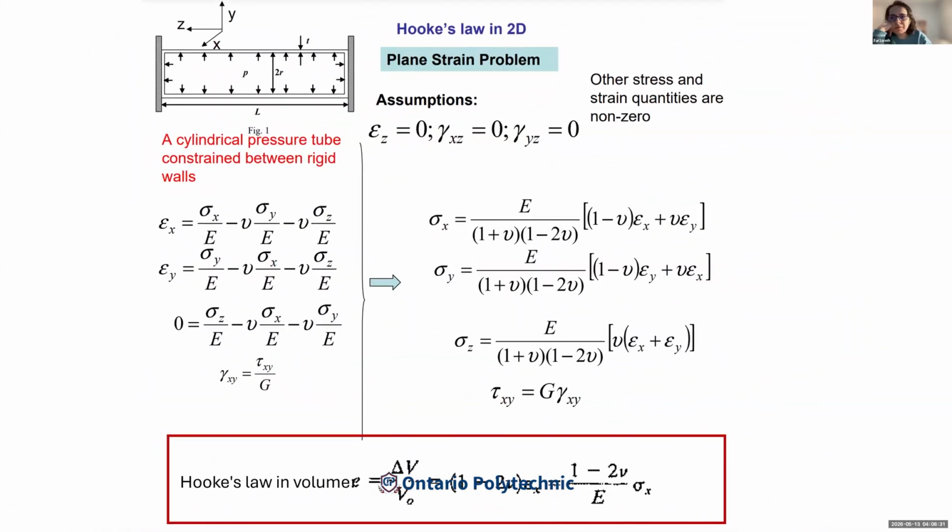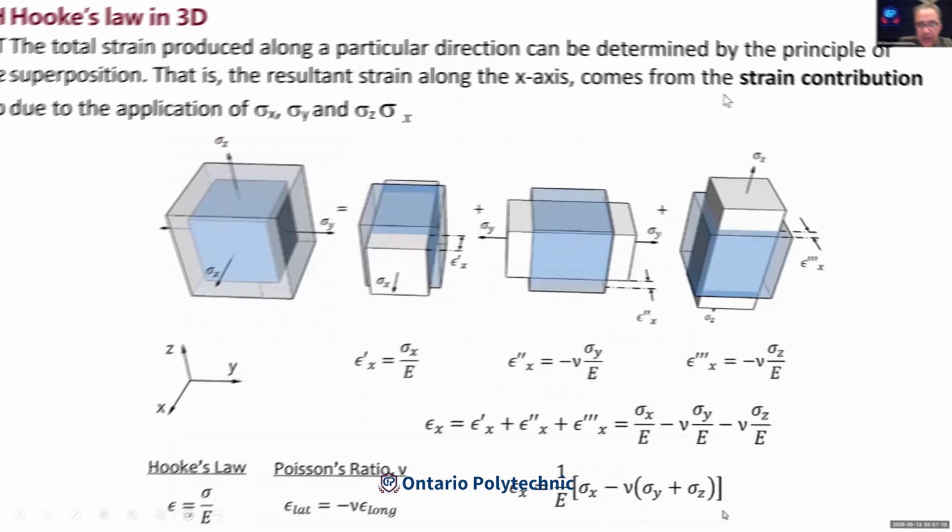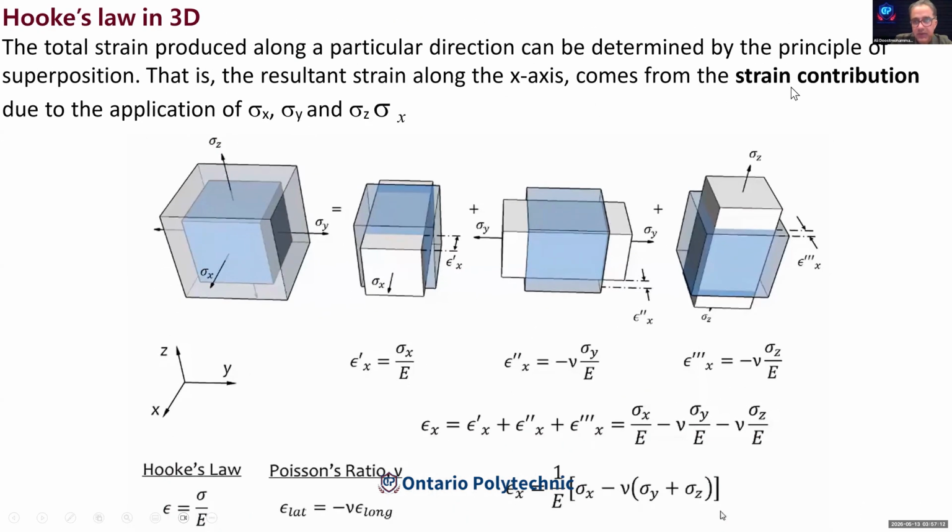Okay? Nothing? Maybe we actually limited the movement in that direction. What do you mean? I mean, for example, we put a limitation on the body to not move in that direction. No, there is no limitation. We have a term called strain contribution, which means that the other two directions are contributing in the total strain in X direction.